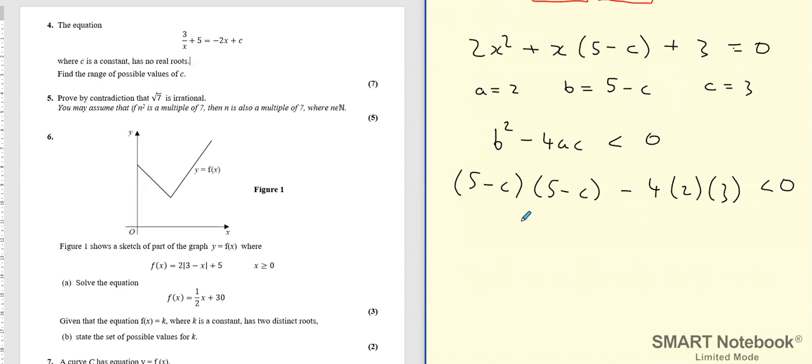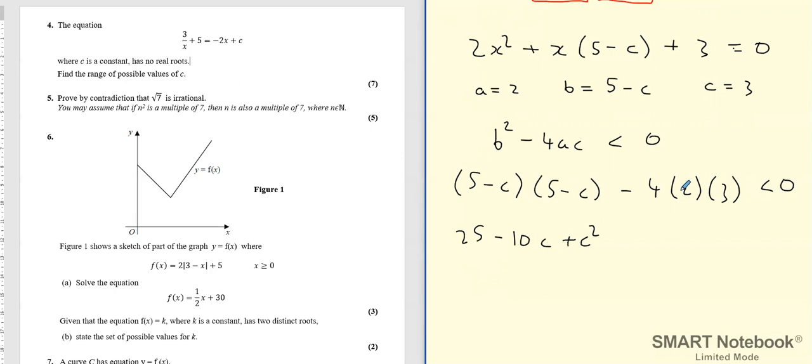All right, so now if I expand that, we're going to get 5 times 5 is 25. Minus 5c, twice, is going to give me minus 10c. Minus c times minus c is plus c squared. Again, notice if you made a mistake on expansion, then you really should not have dropped marks on that. So just be careful with that.